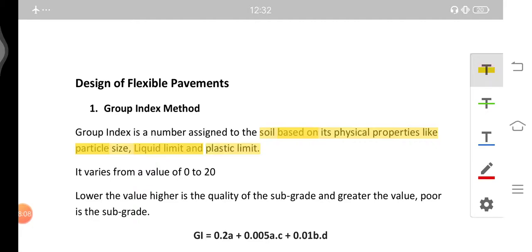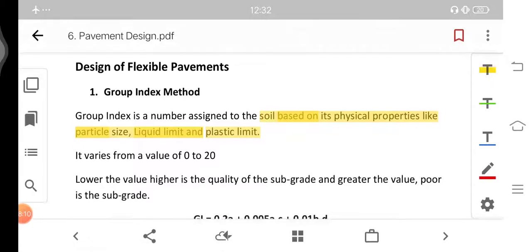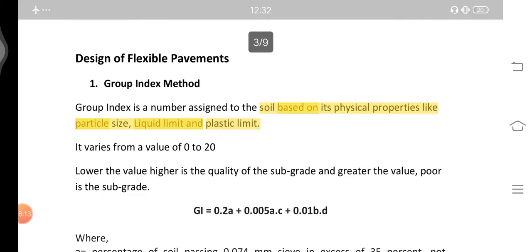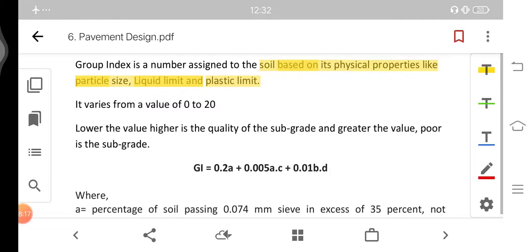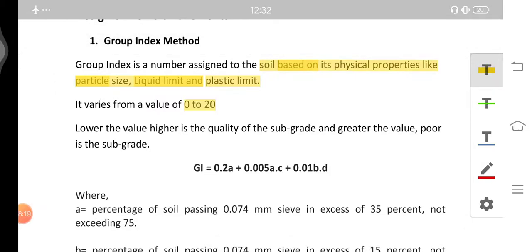It varies from 0 to 20, and the lower the value, the higher the quality of the subgrade, and the greater the value, the poorer the subgrade. So a lower value of group index means higher quality of the subgrade, and a greater value means poor quality of subgrade. So it's just the reverse.